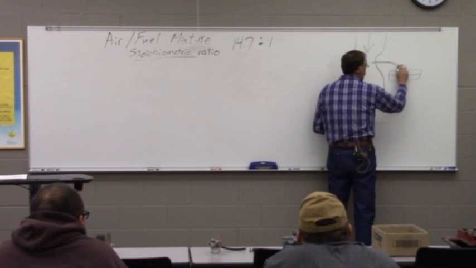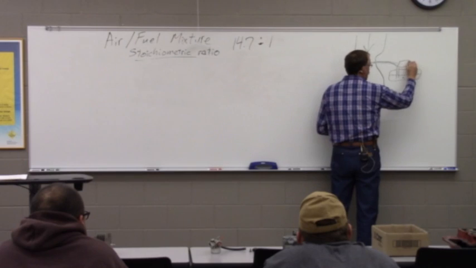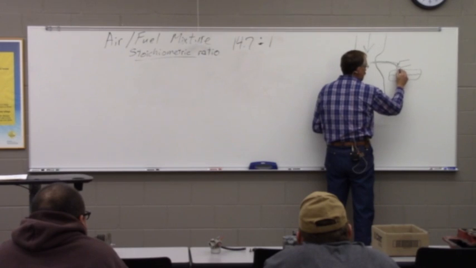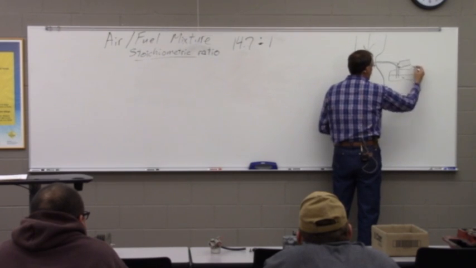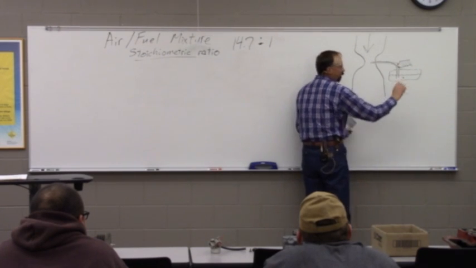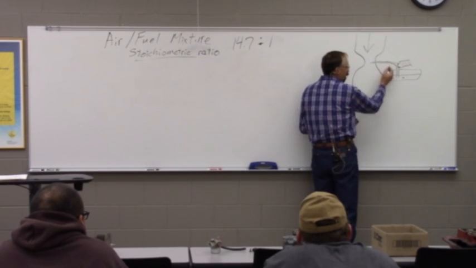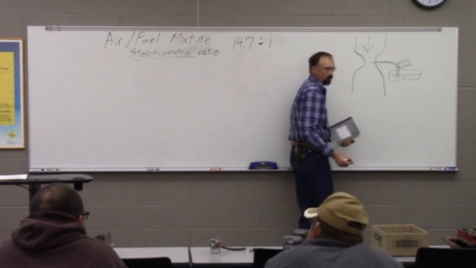So we'll take a wedge-shaped screw, and I'm going to draw this real big and crude, but we're going to take a wedge-shaped screw and put it in there against a seat that somewhat matches it. So to adjust the flow of that, we can screw that screw in and make this passage smaller, or if we want more fuel, we screw that screw out and make it bigger.